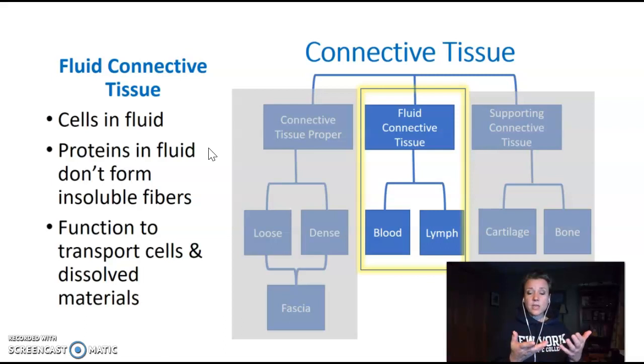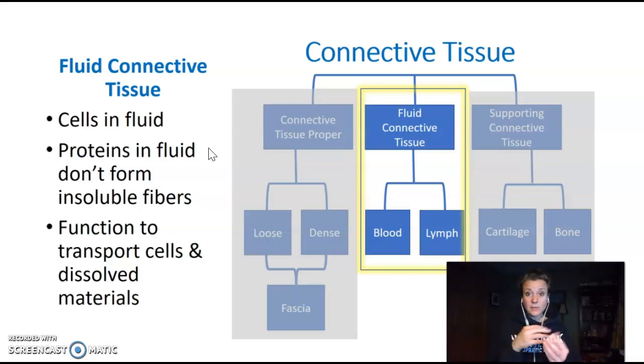Where in our connective tissue proper, the matrix was more viscous and thicker and syrupy, here it's going to be more fluid-like. The proteins are not going to be in these rope-like forms that you saw in the connective tissue proper. Instead, they are going to be soluble.